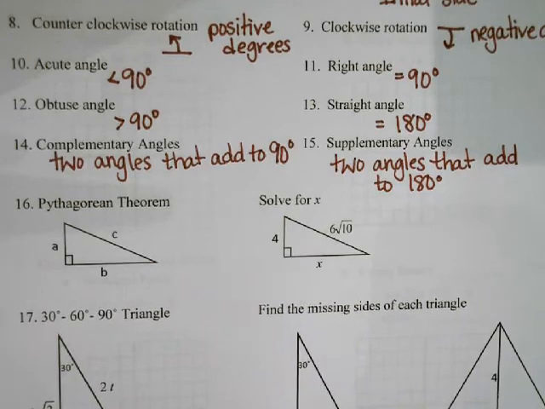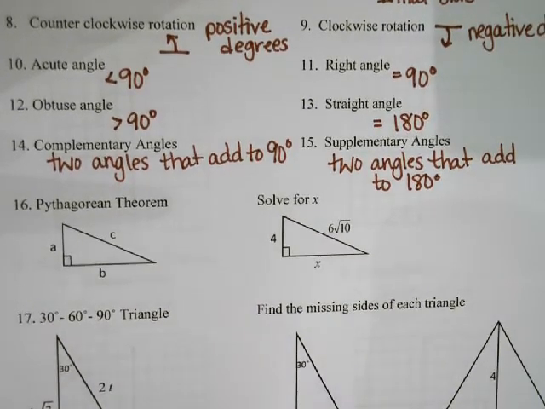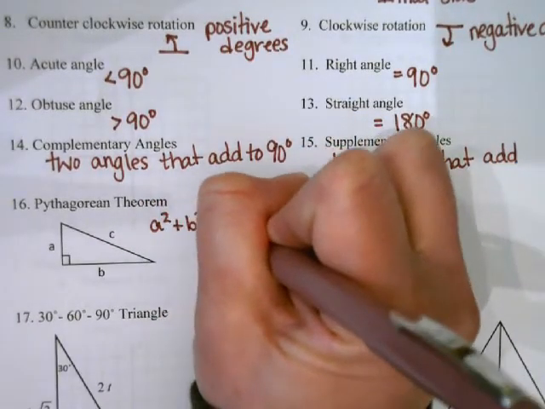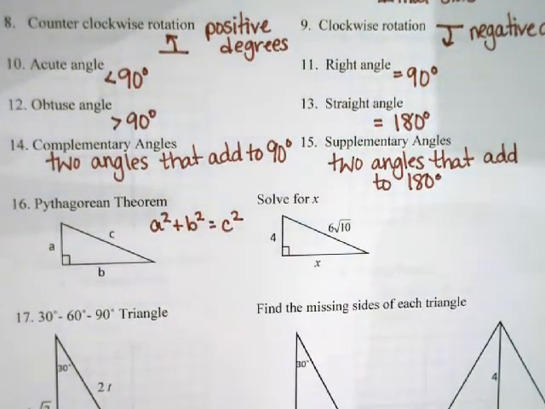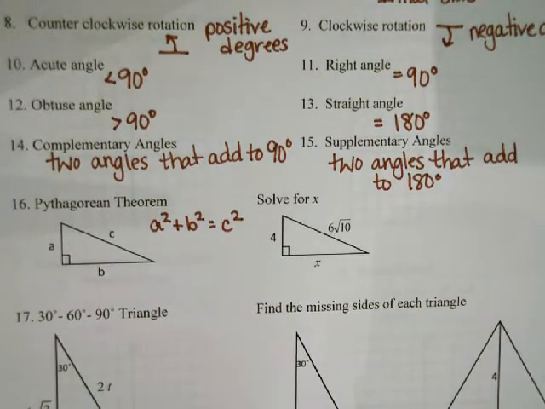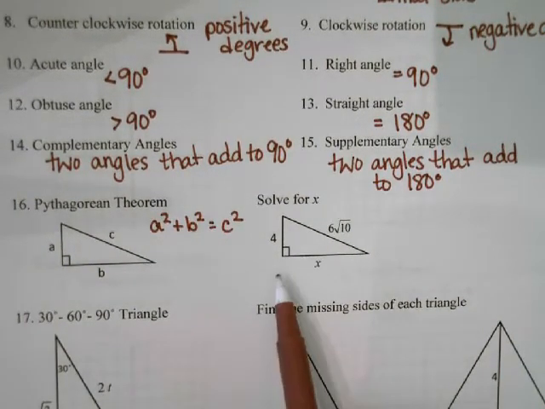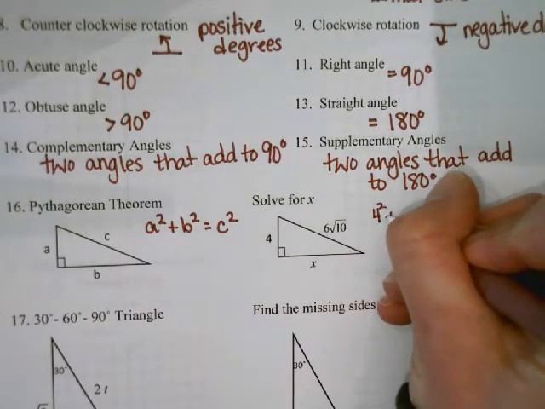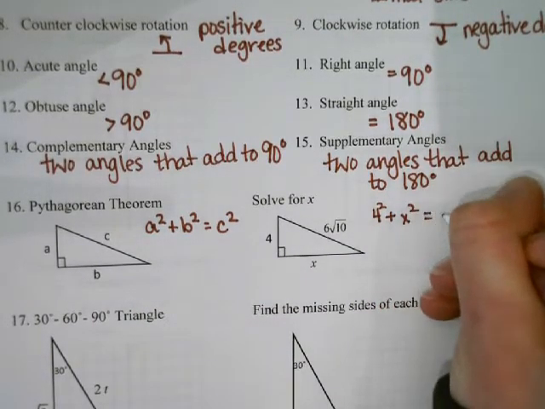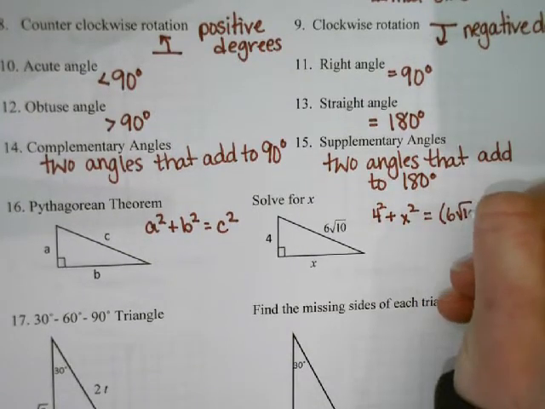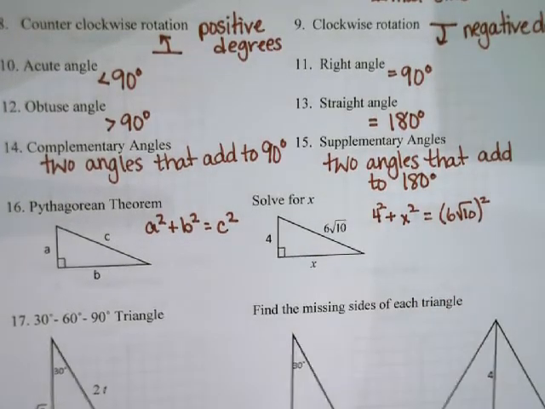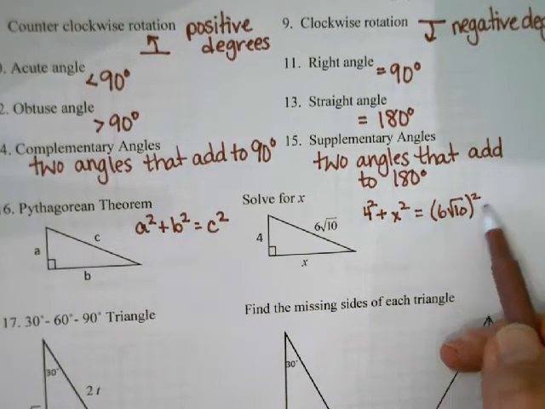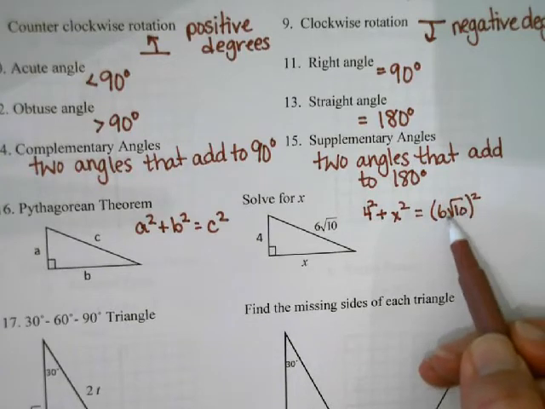Number 16, the Pythagorean Theorem. Remember, it is a squared plus b squared equals c squared, where a and b are the legs and c is the hypotenuse. So we have an example for that. The two legs are 4 and x, so 4 squared plus x squared equals 6 root 10 squared. Remember that when we square a radical, we have to square what's in front of the radical, and we square the radical.